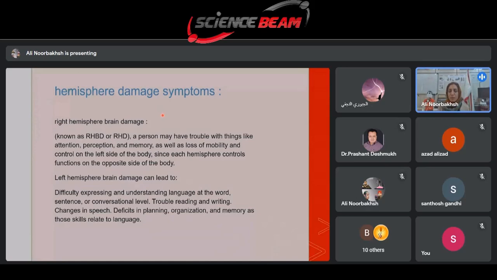And left hemisphere brain damage can lead to difficulty expressing and understanding language of the word, sentence, or conversational level, trouble reading and writing.